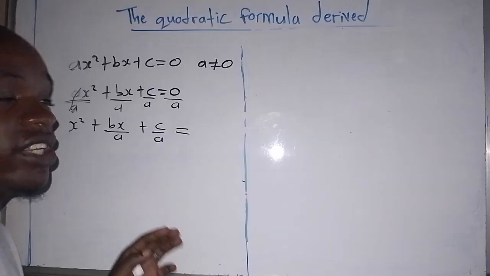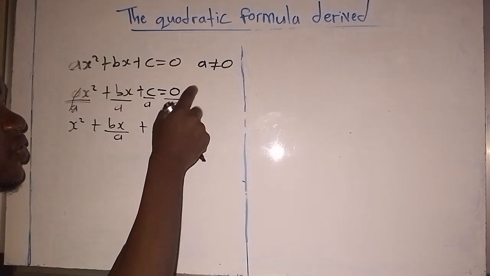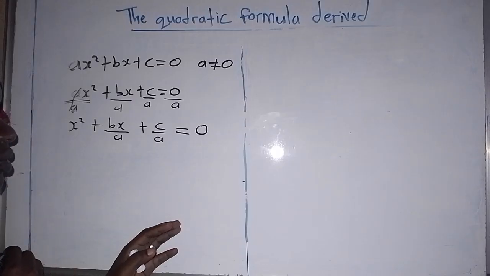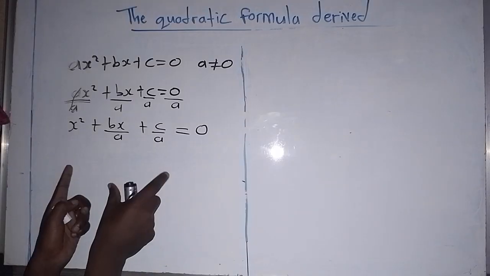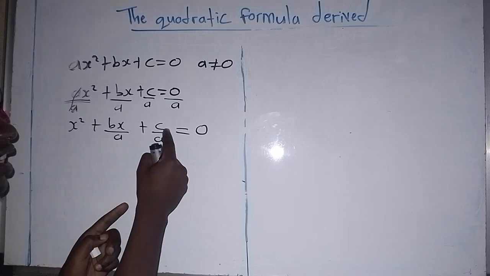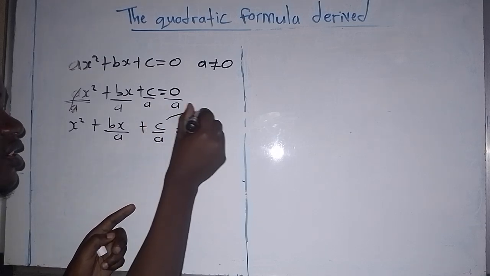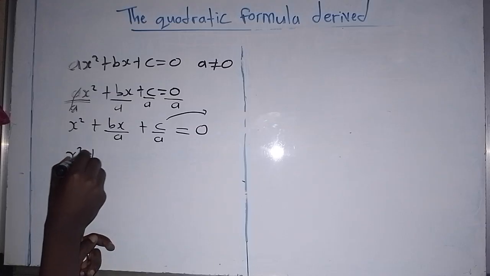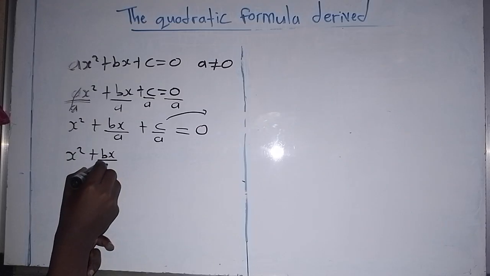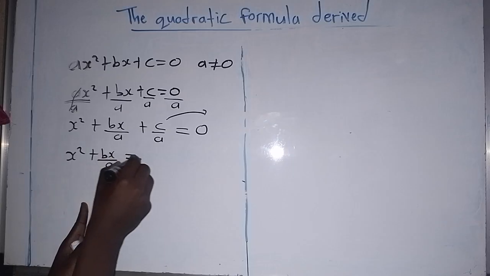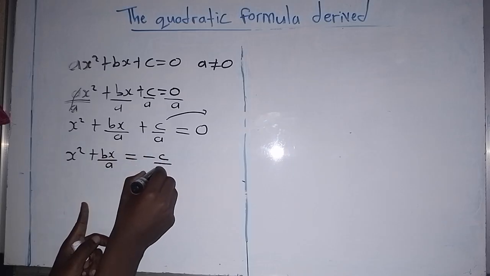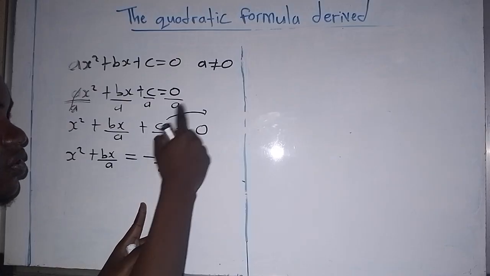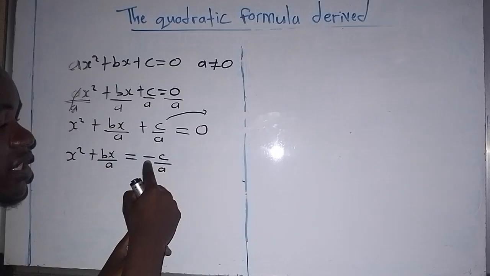what is a into 0? A into 0 is 0. Now I want this c over a to go to the other side. So I will have x squared plus bx over a equals negative c over a, since the positive c over a has gone to the other side to become a negative.